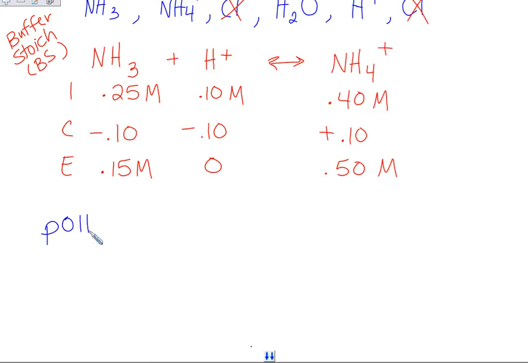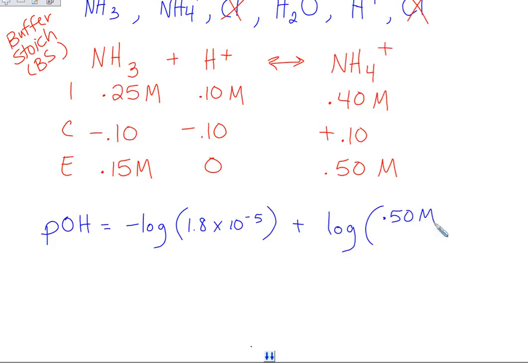The pOH is the opposite log of the Kb, which is 1.8 times 10 to the negative 5th, plus the log of the conjugate over the neutral particle. That's the 0.5 molar ammonium over the 0.15 molar ammonia. That's the change. By adding that extra hydrogen, I do change the concentrations of the other ions just slightly.